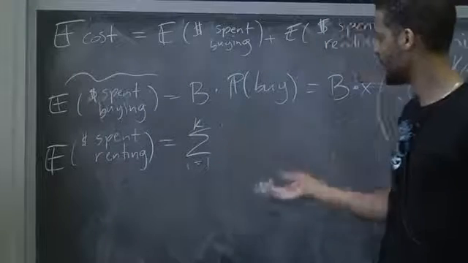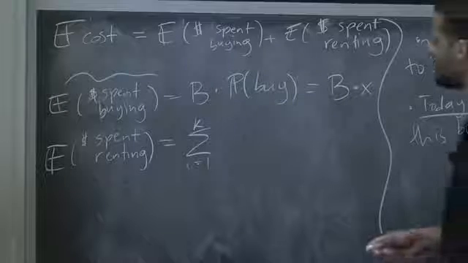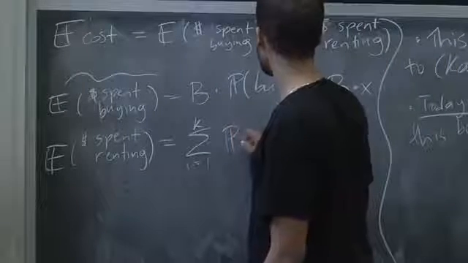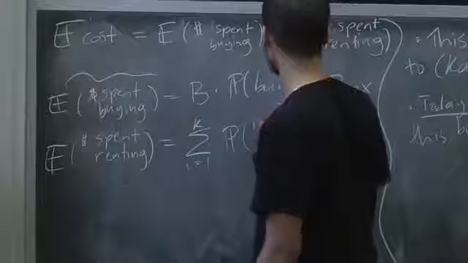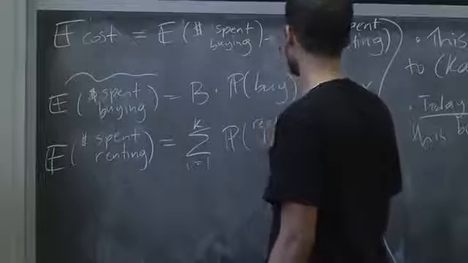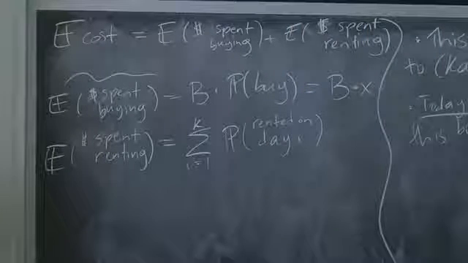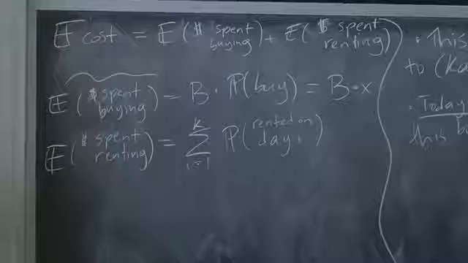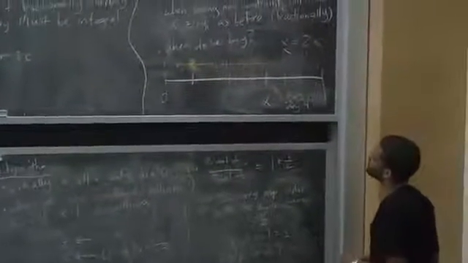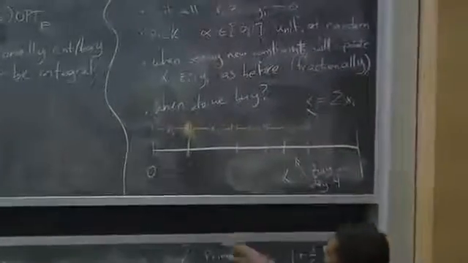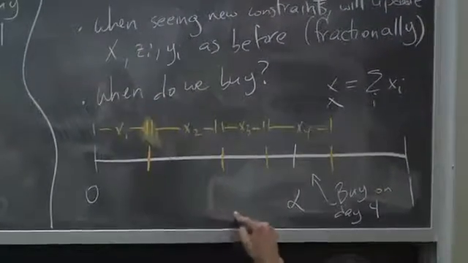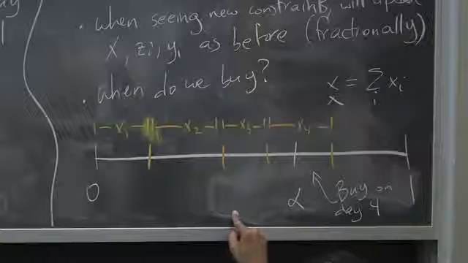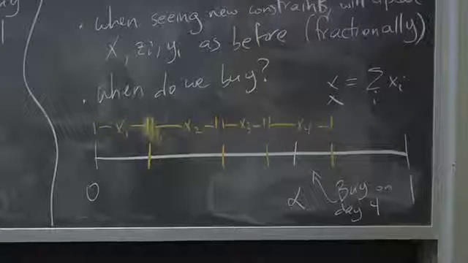The expectation of one of those indicator random variables is just the probability that you rented on day i. What's the probability that you rented on day i? Well, alpha has to be greater than x1 plus x2 plus dot dot dot up to x i minus 1. Okay, so this is equal to the sum over i.